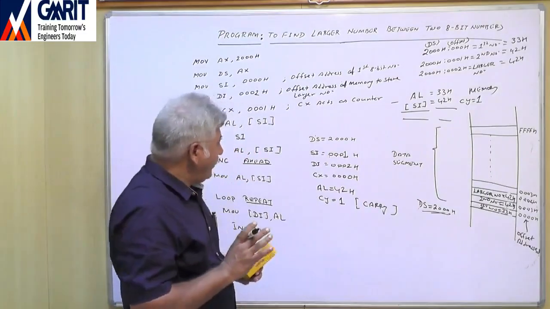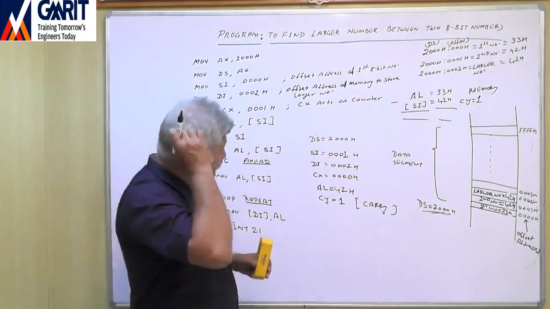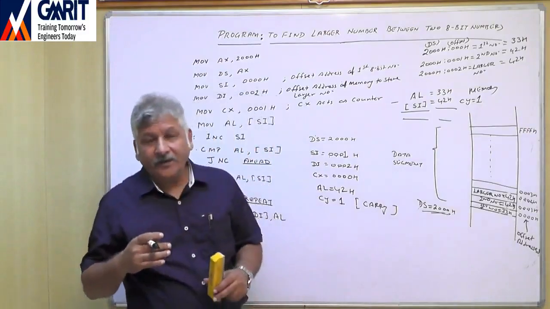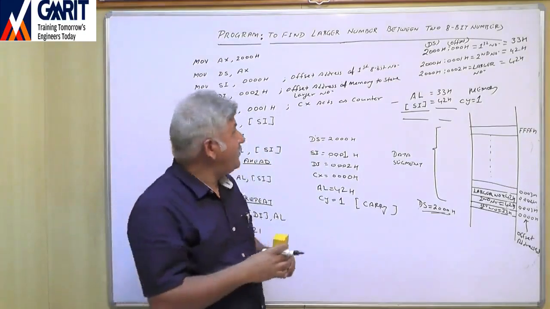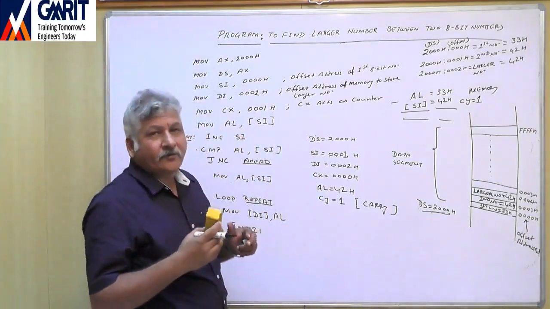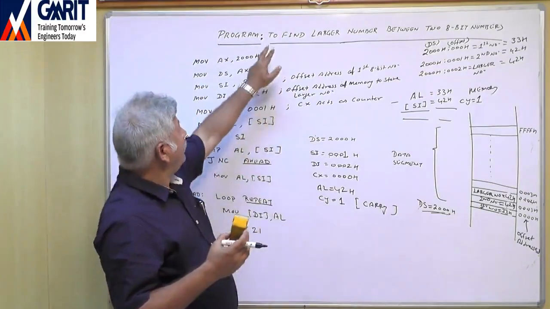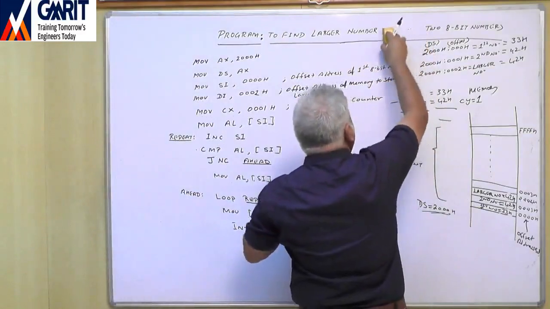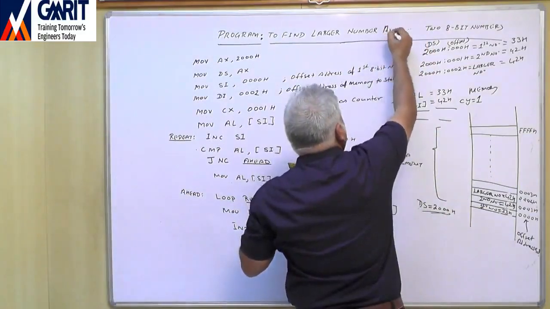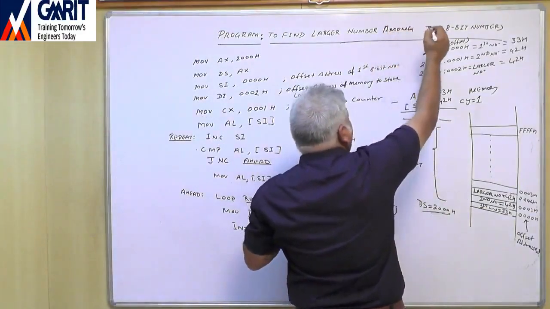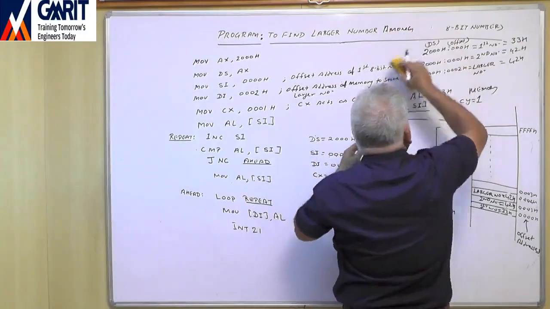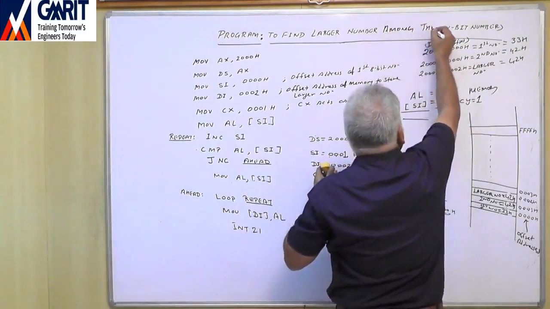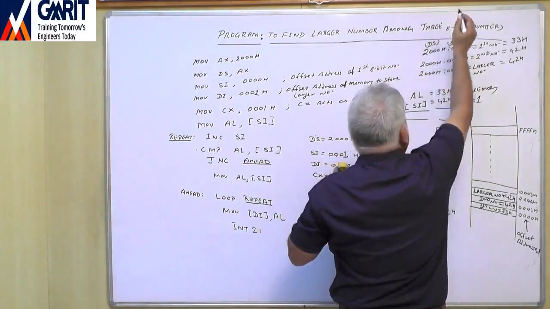Right? Now what we will do? In place of two numbers, suppose we now have three 8-bit numbers and we want to find the larger number among them.